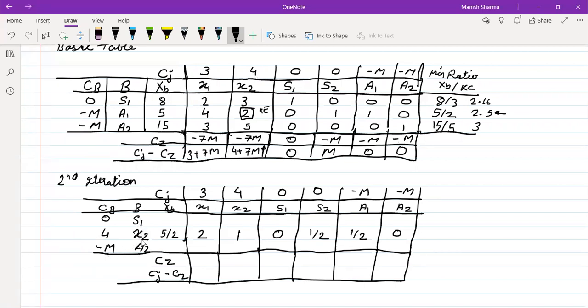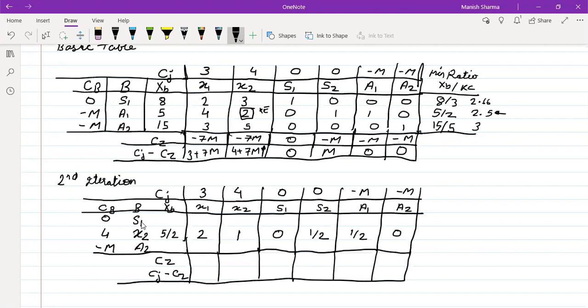Once you have written S1, X2, A2, you have to write the coefficients. Coefficient of S1 is 0. Coefficient of X2 is 4. Coefficient of A2 is minus M. Up to this point, any problem? No, sir.